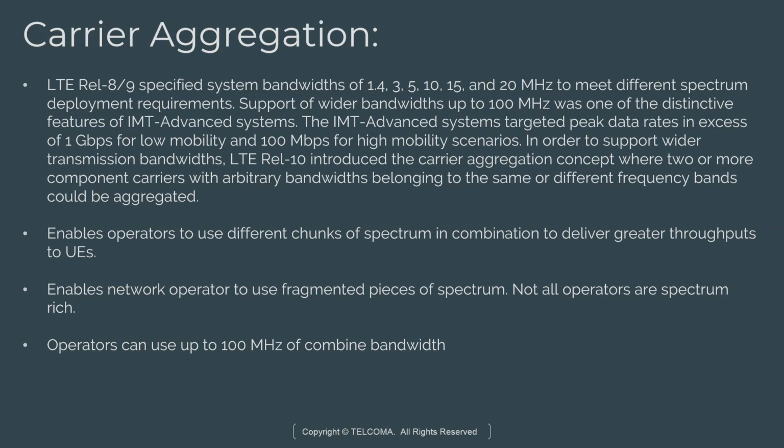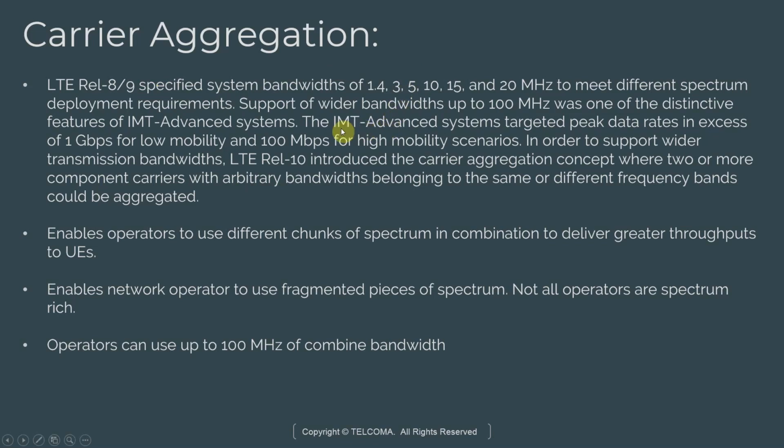Prior to LTE Advanced, you could run LTE independently on those two frequency spectrum pieces. What LTE Advanced offered was that now you could use those two chunks of spectrum as one, as an aggregate or together. So that's what's implied by carrier aggregation in a wide sense.